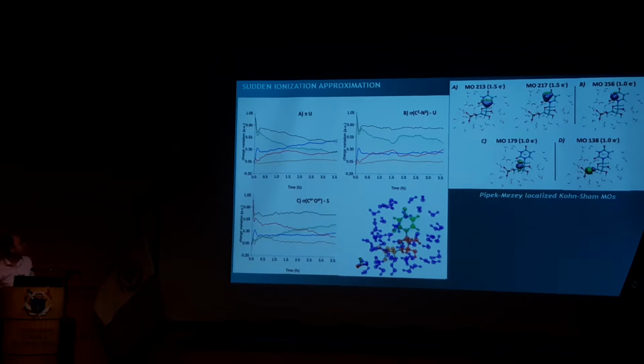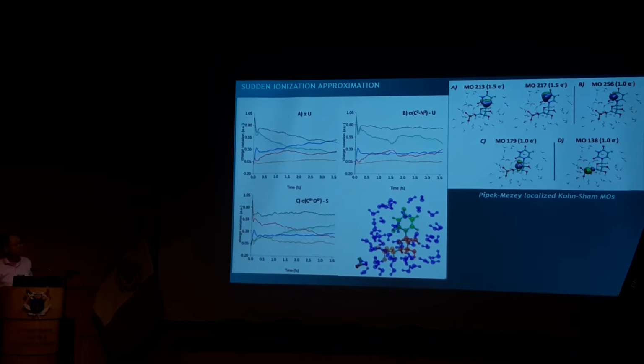We also did something that was a little bit different. We thought, okay, let's try, instead of doing the ionization itself with the collision, we could select a given molecular orbital from the ground state density, remove an electron by hand, and see how it evolves. So this is what we did.